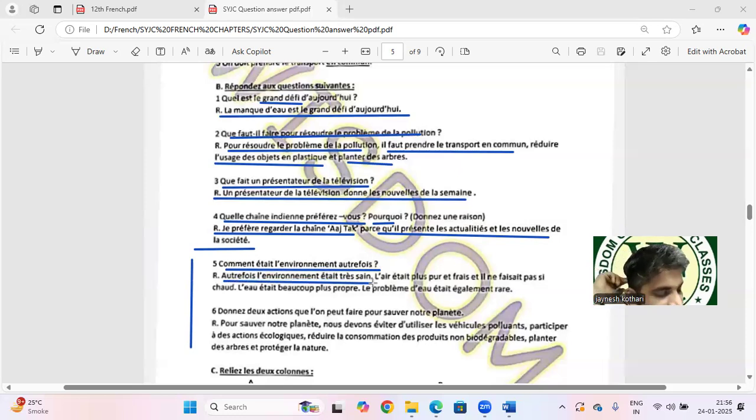In the past, the environment was very healthy. The air was more pure and fresh, and it was not so hot. The water was cleaner, and the problem of water was almost rare.